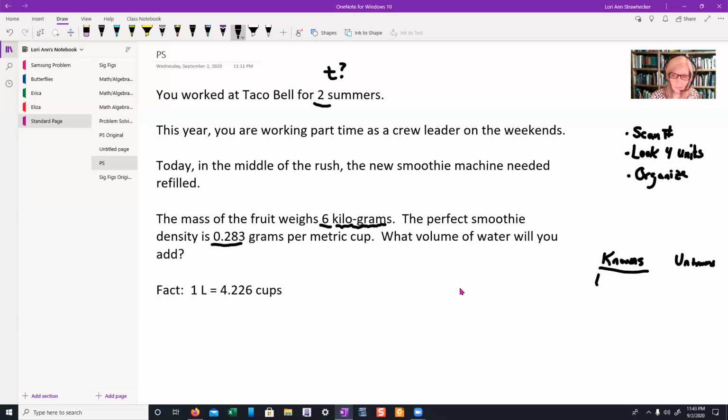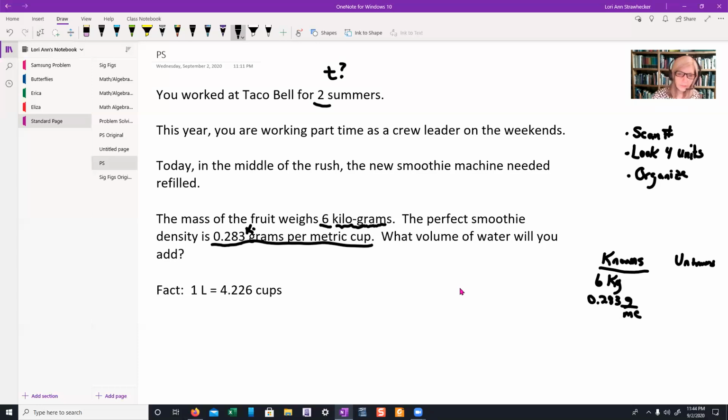So I do know that 6 kilograms is a known. It says here 0.283 grams per metric cup. This should be kilograms per metric cup. So 0.283 grams per metric cup.